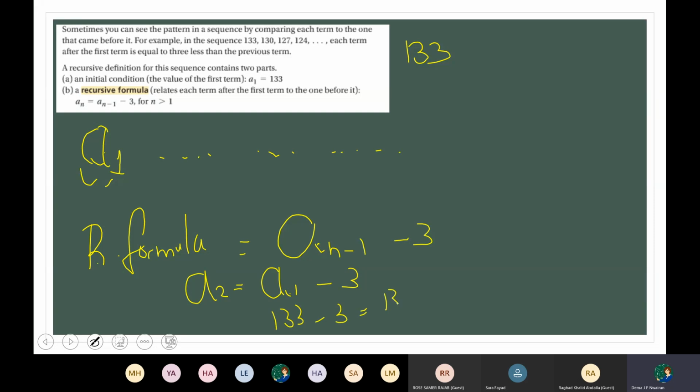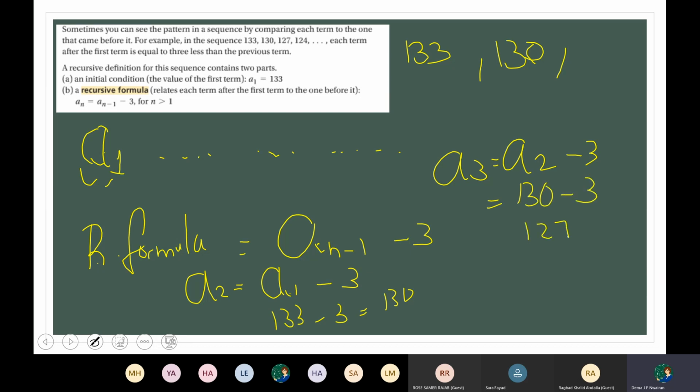Minus 3, it is 130. So the second term will be 130. What about A3? A3 is A2 minus 3. A2 is 130, minus 3 is 127. So every time I need to find any term, I must have the previous one. This is for the recursive formula.